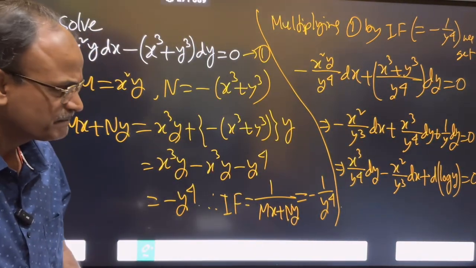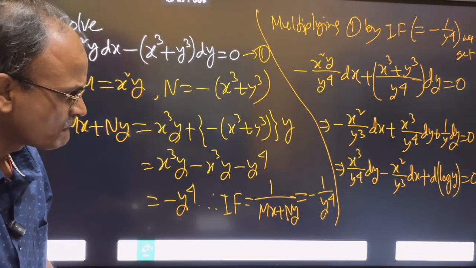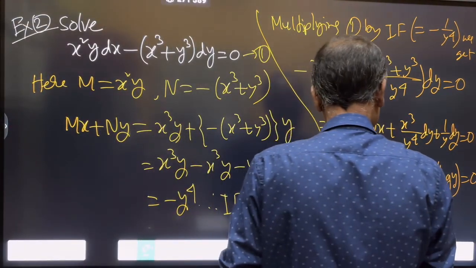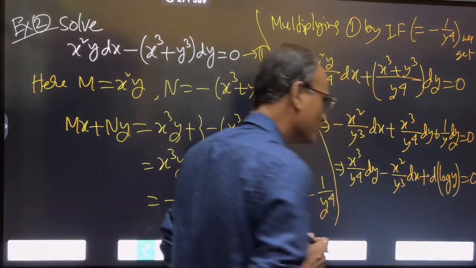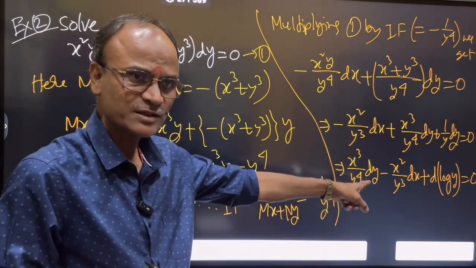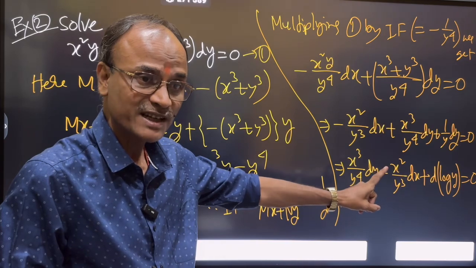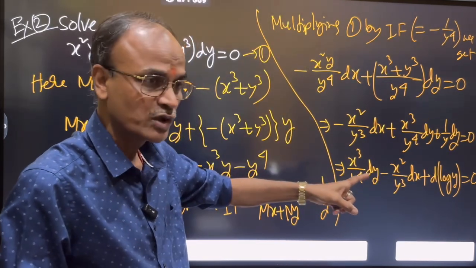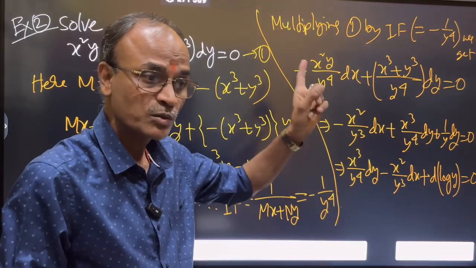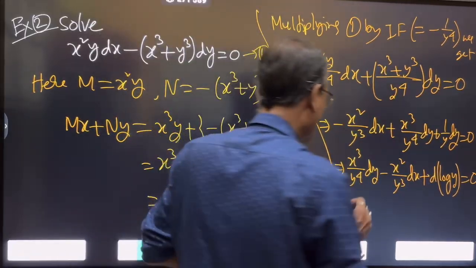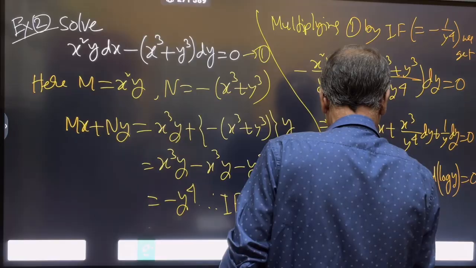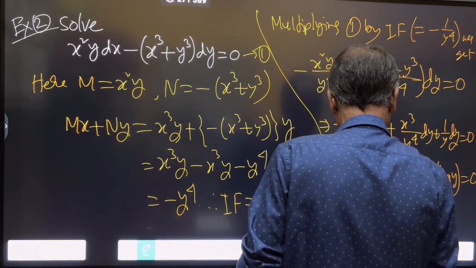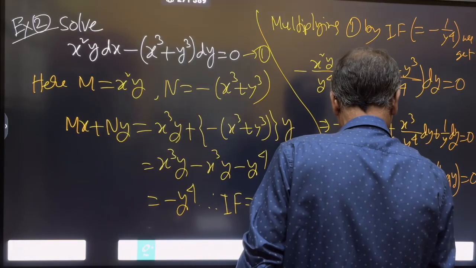Now you see y to the power minus 4. Integration of y to the power minus 4 is y to the power minus 3 by minus 3. Or you may write here x cube d of y to the power minus 3 by minus 3.